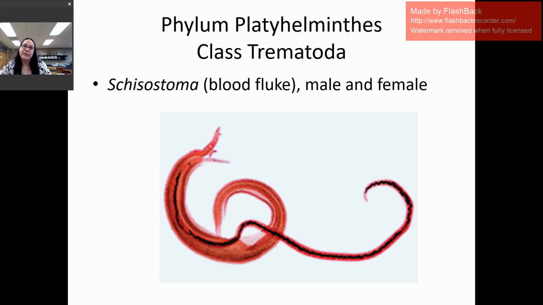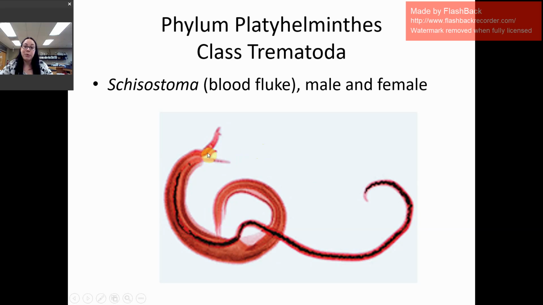So they live in a specific place, but they don't attach to cells in particular. And the second major difference with the other Nematoda is that the blood flukes are not hermaphrodite. Instead, we have a male and a female individual.